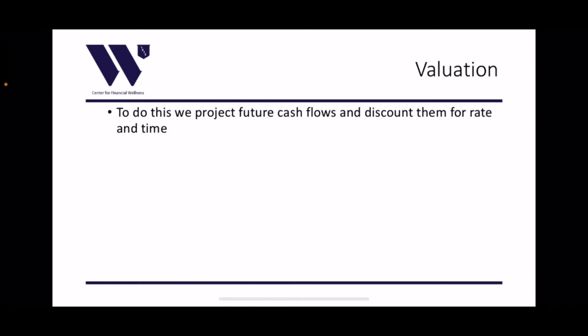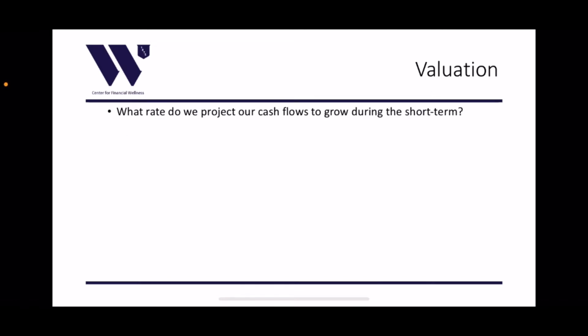If you'll remember, when we're looking at future cash flows, the value of money in the future isn't exactly worth the same as it is today. So we'll look at how we adjust for the longer time periods, the further that we project our cash flows out, using specifically a rate that we use to discount those values.